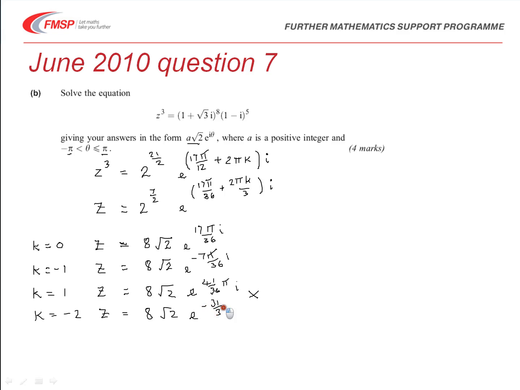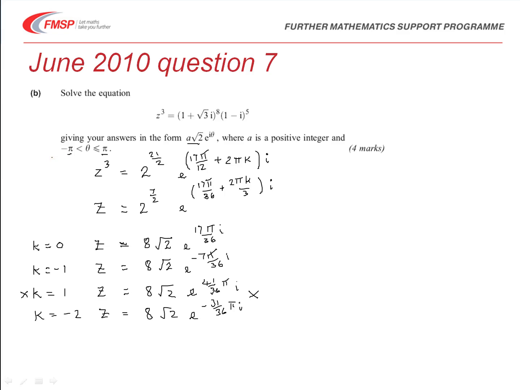And of course 31 over 36 is less than 1, so we're in the right range there. Okay, so this one here doesn't work. So you've got to be careful there to check you're putting in the correct values of k to give you the values that you require between -pi and pi in here.